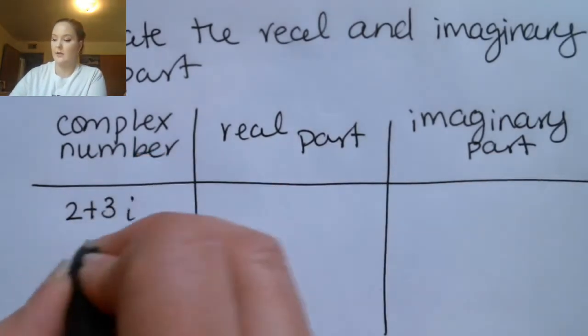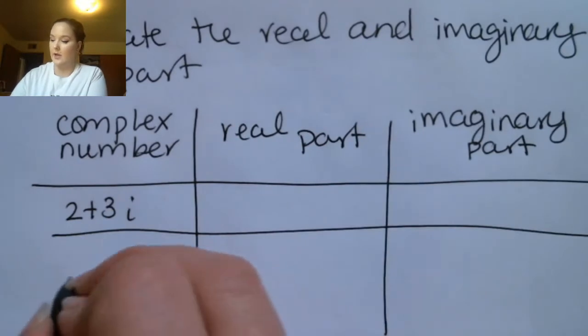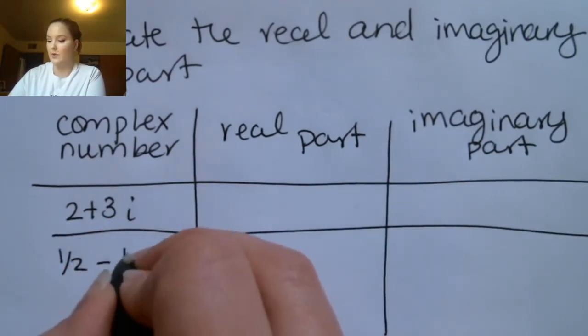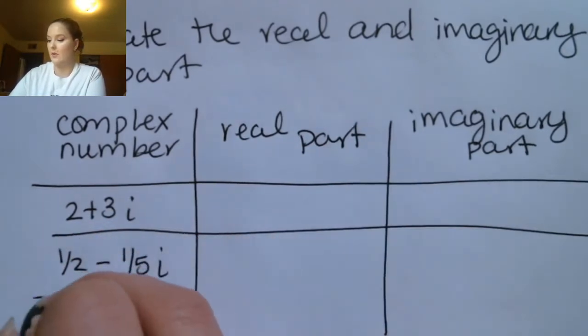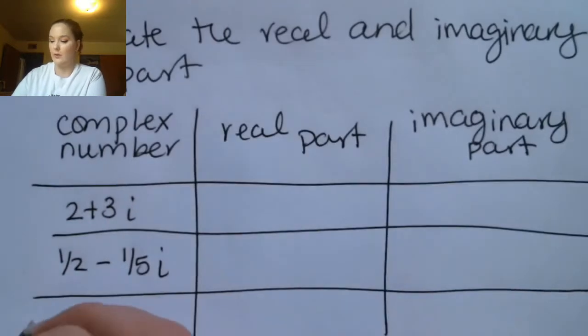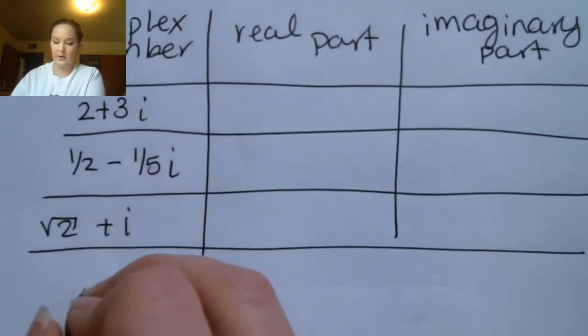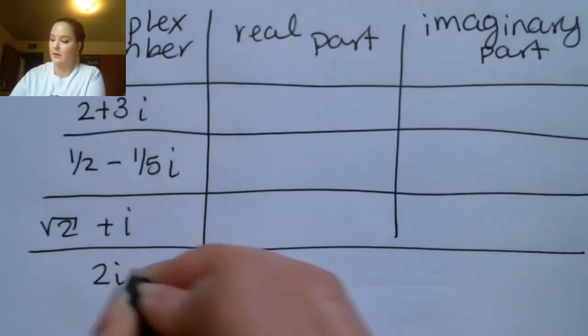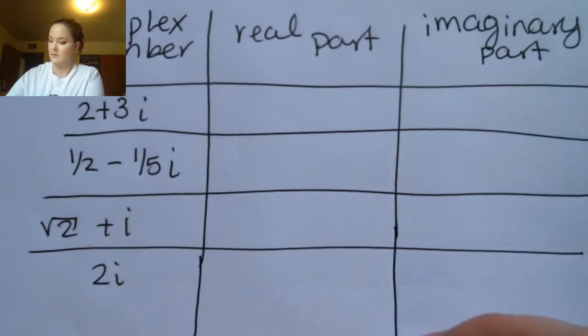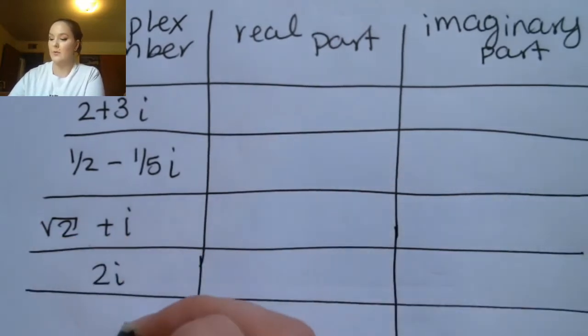So we had 2 plus 3i, we had 1/2 minus 1/5 i. Okay, we had root 2 plus i. Okay, and then we also had 2i. Okay, and we had 5.